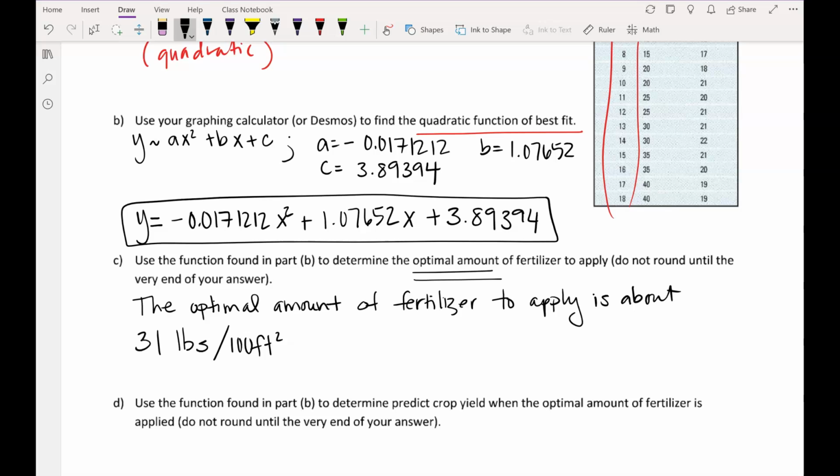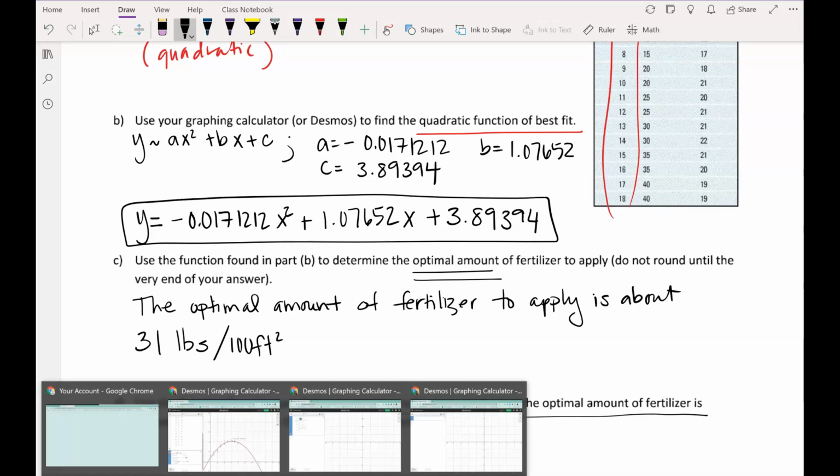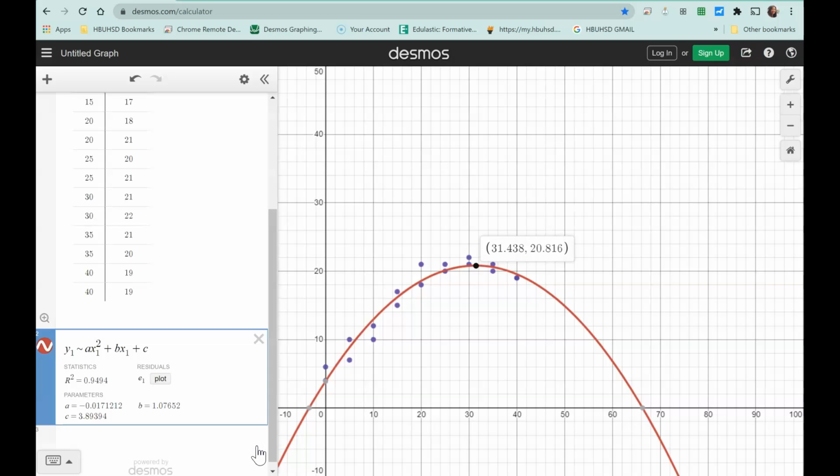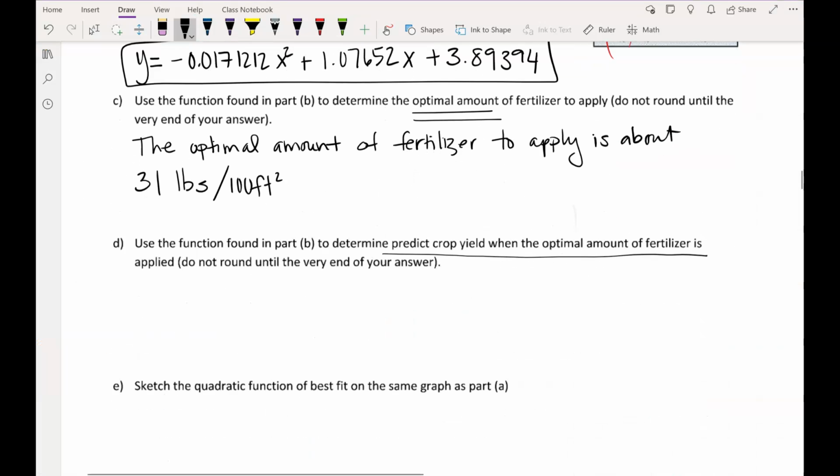Now, Part D says use a function found in Part B to predict the crop yield when the optimal amount of fertilizer is applied. So that means we're looking for the y value, right? So let's go back and see the y value. Excuse me. The y value when about 31 pounds of fertilizer is used is about 20.816. And again, because the data is giving us whole number, we're going to round that to about 21, okay, bushels. So we're going to go to this one.